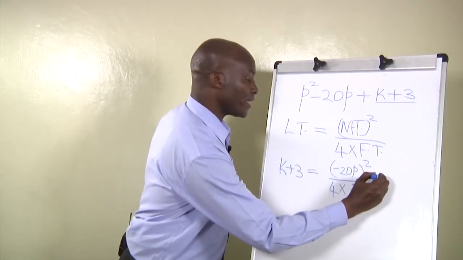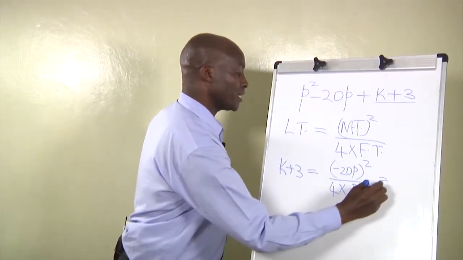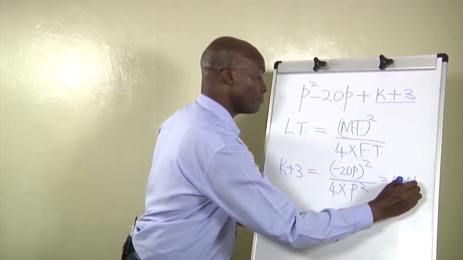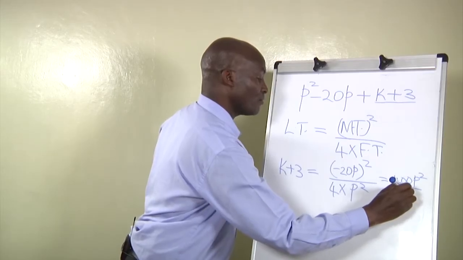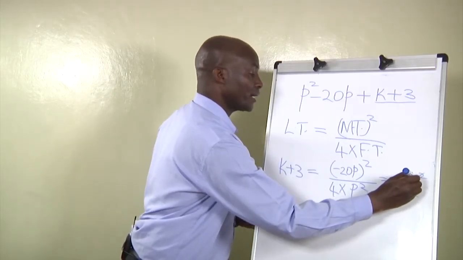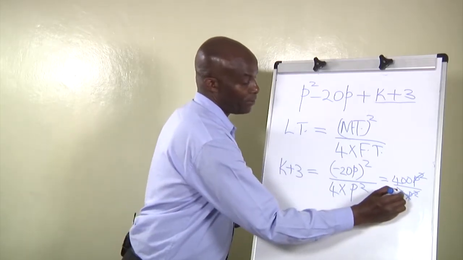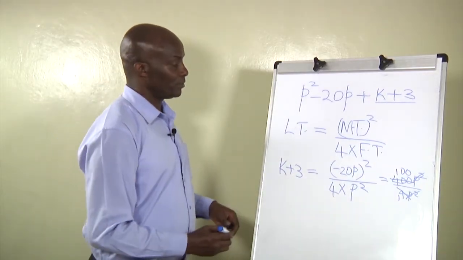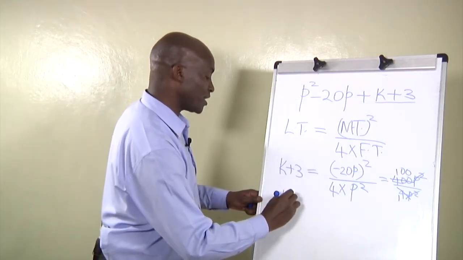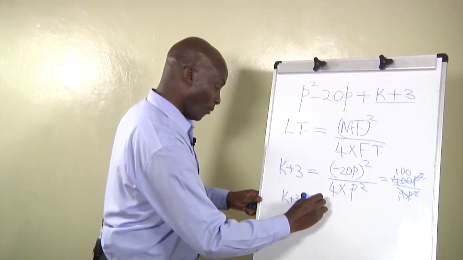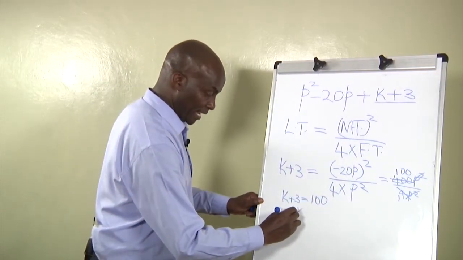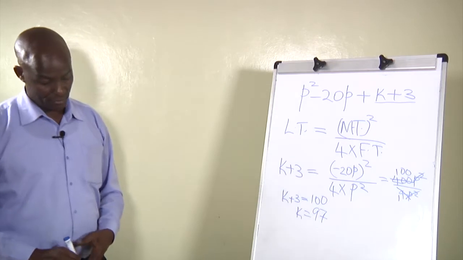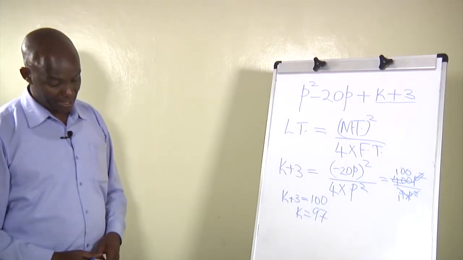So when you open the bracket, we'll get 400 p squared divided by 4p squared. p squared can cancel with p squared. 4, and there goes 100. And so we can now say k plus 3 is equal to 100, which makes k equal to 97. The value of k is 97.